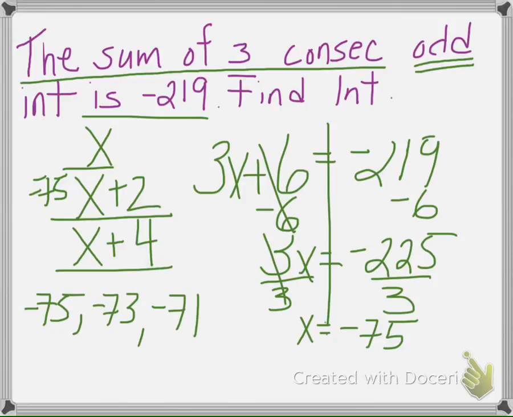We would box those and say, yay. But we want to make sure it actually works. So if these are the right numbers, then their sum, negative 75 plus negative 73 plus negative 71, must be negative 219. And it is, because I already did that in my head, because I'm amazing.